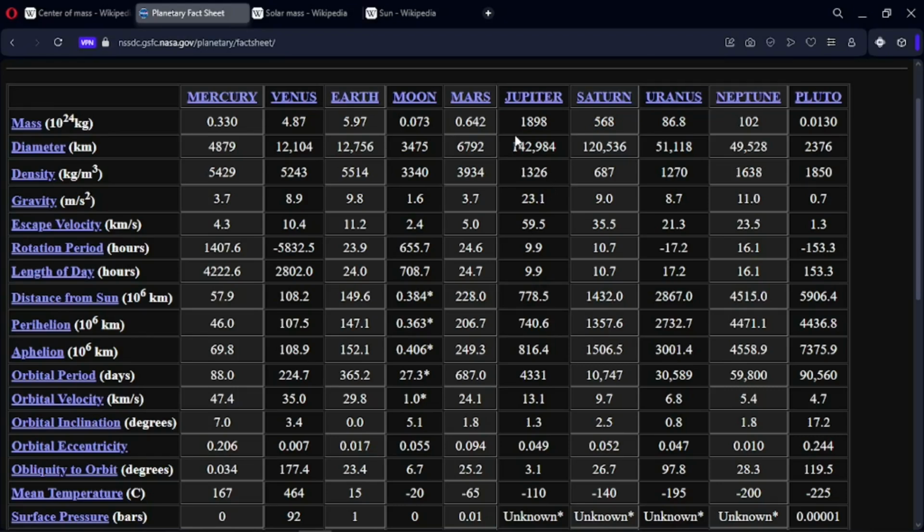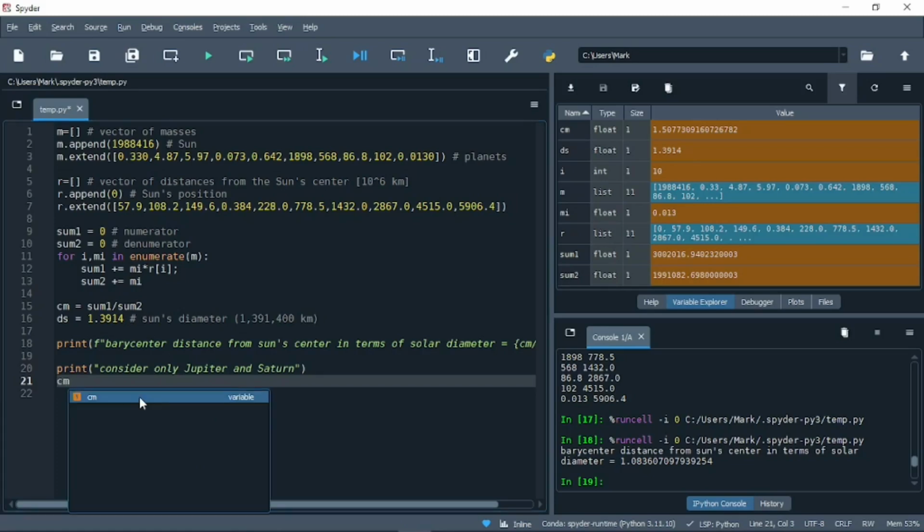These are, of course, the 6th and the 7th. So the center of mass is M0 times R0, of course, we are considering the sun is the most massive, plus M6 times R6, this is Jupiter, plus M7 times R7.